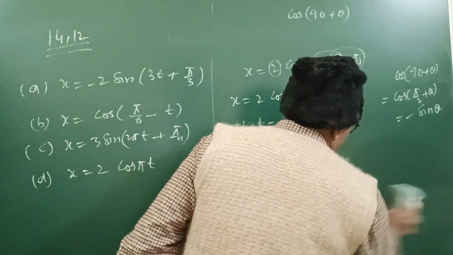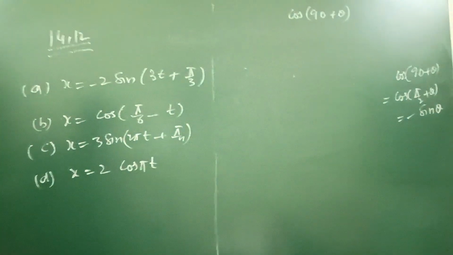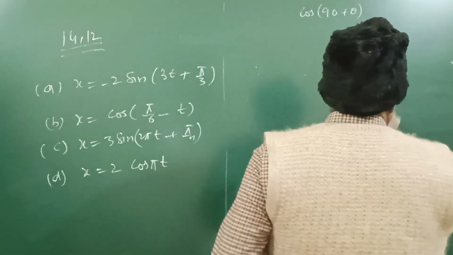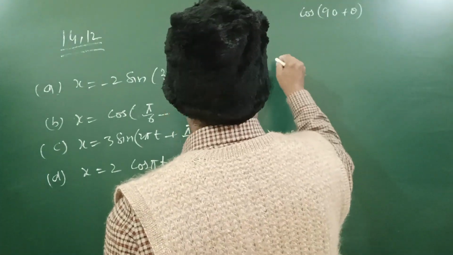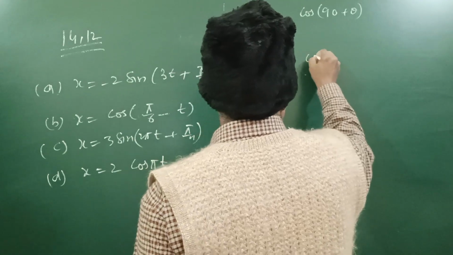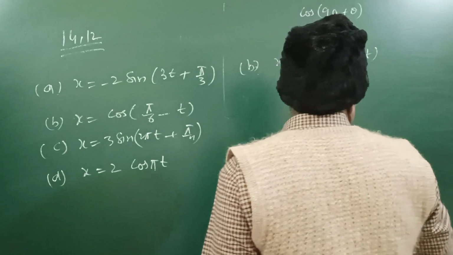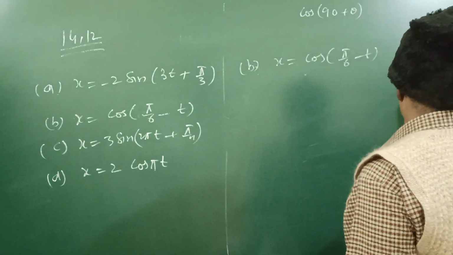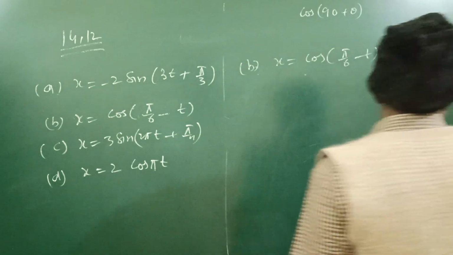Okay, now our second part, B part, x equal to cos pi by 6 minus t. You know cos minus theta is equal to cos theta.